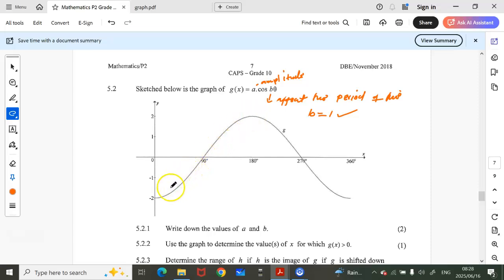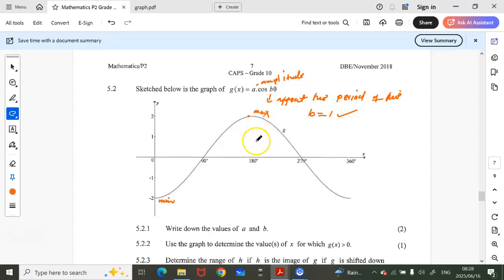From this line, it goes 2 units up to the maximum turning point, and also goes down 2 units to the minimum turning point.